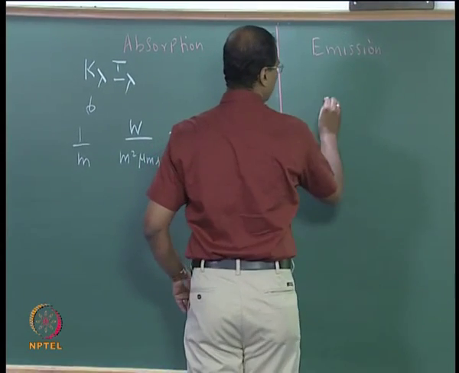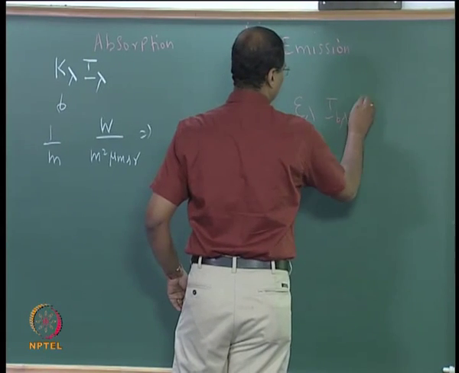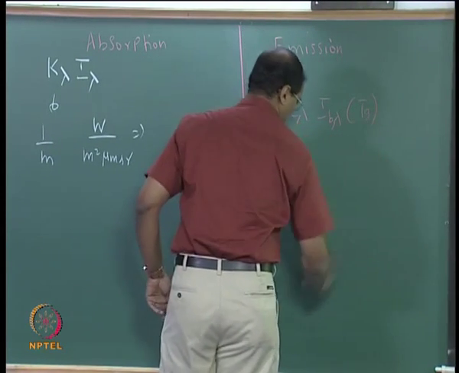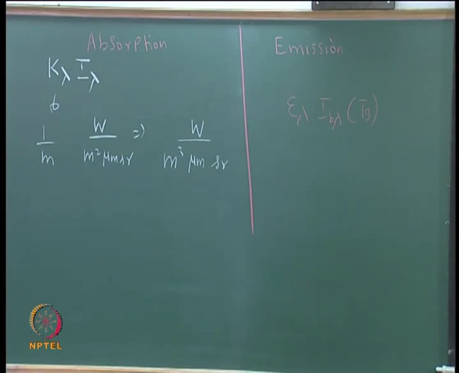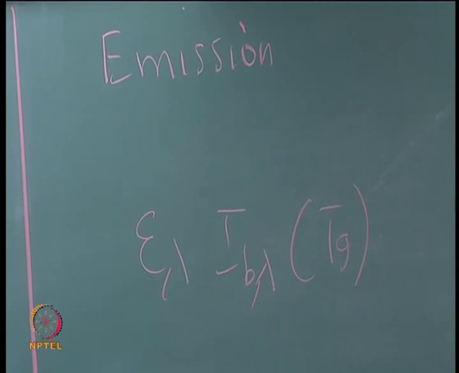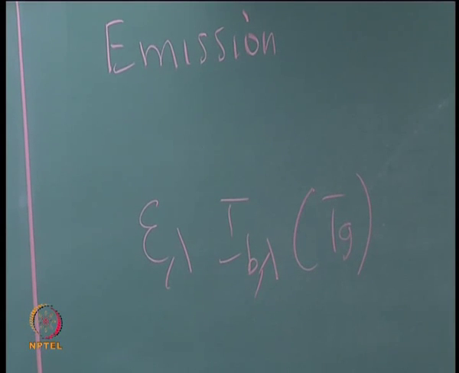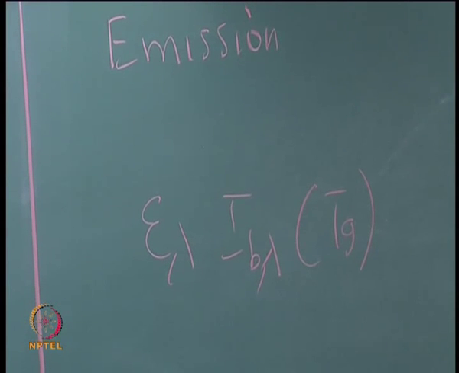Emission is basically watts per meter square per micrometer per steradian into 1 by meter. It is also watts per meter cube per micrometer per steradian. Now we will move on to the equation of transfer.